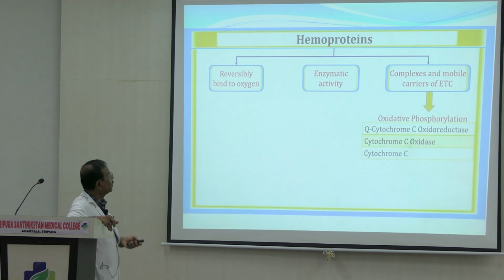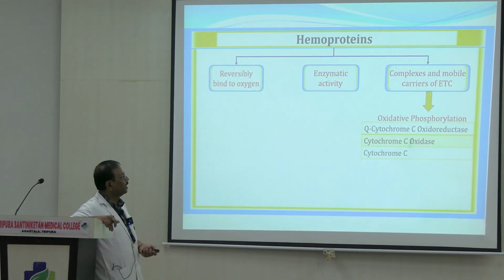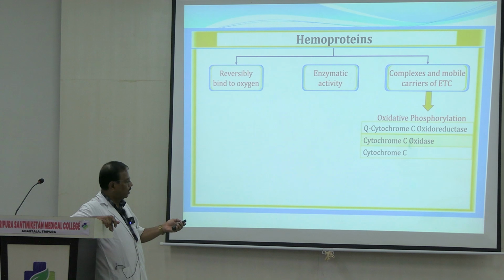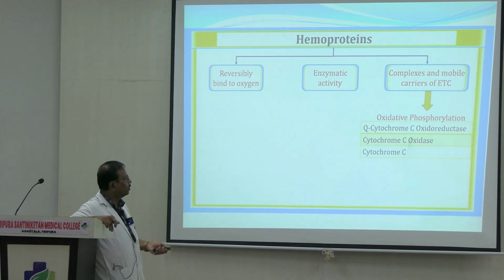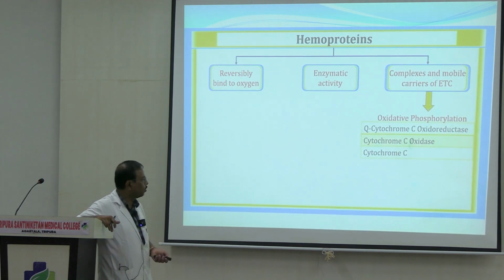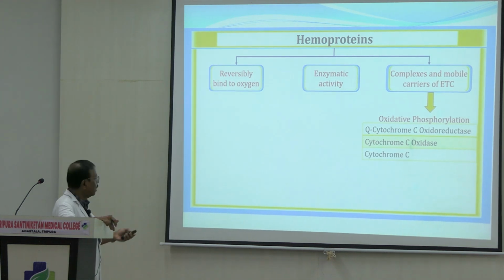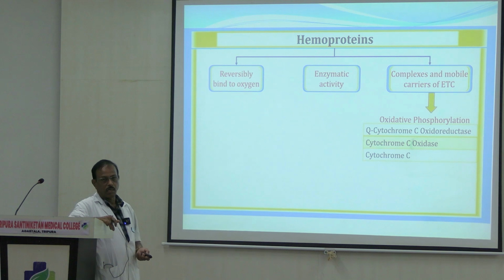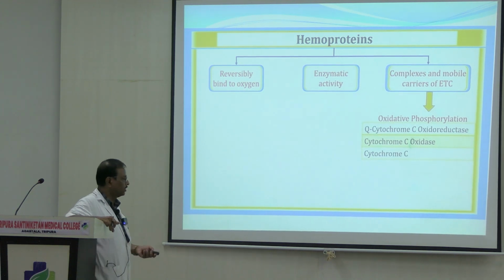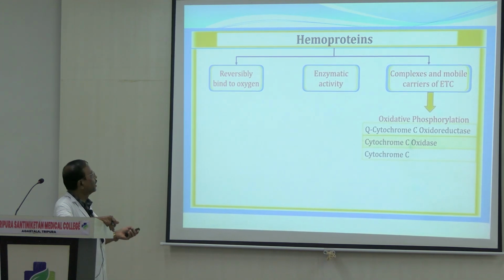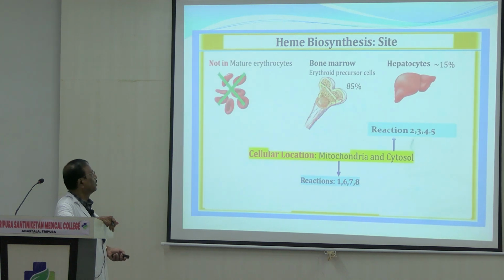Next come the complexes and mobile carriers of the electron transport chain: cytochrome C oxidoreductase, cytochrome C oxidase, cytochrome C, like that. So many heme-containing enzymes or carrier proteins are there. So these are the functions of heme as hemoprotein.